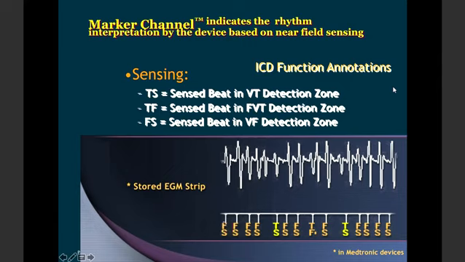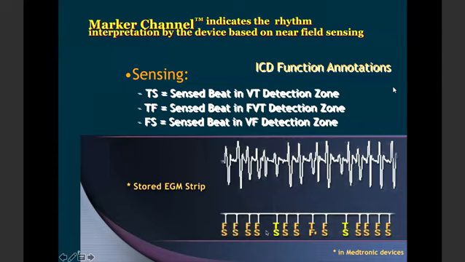You look at this, it comes in the window of fibrillation because you have told that less than 300 milliseconds is ventricular fibrillation for my patient. It is less than 300, so it says FS. FS stands for fibrillation sense. TS stands for tachycardia sense. That is the importance of the marker channel.